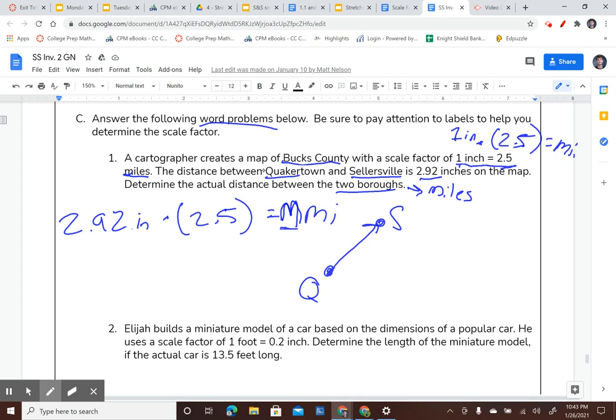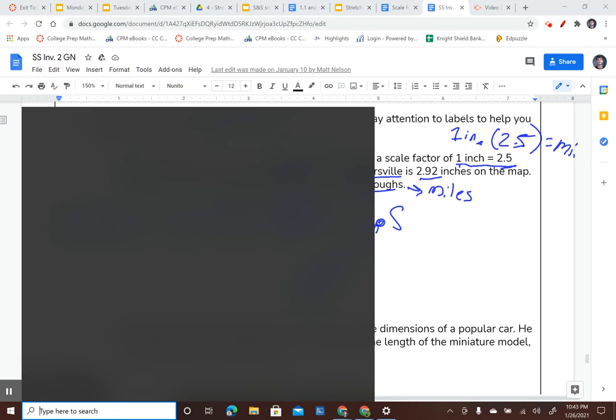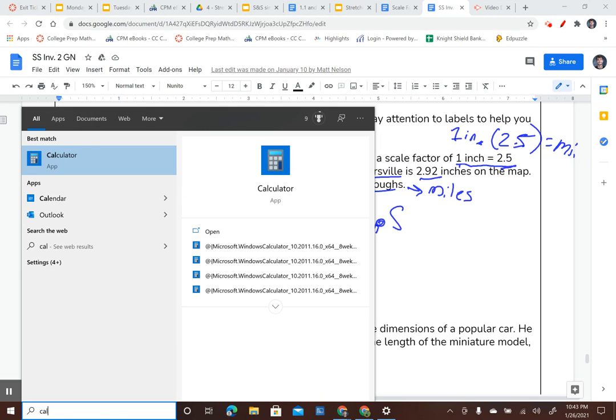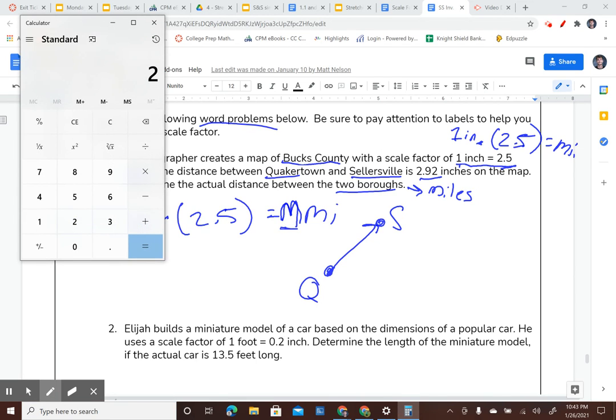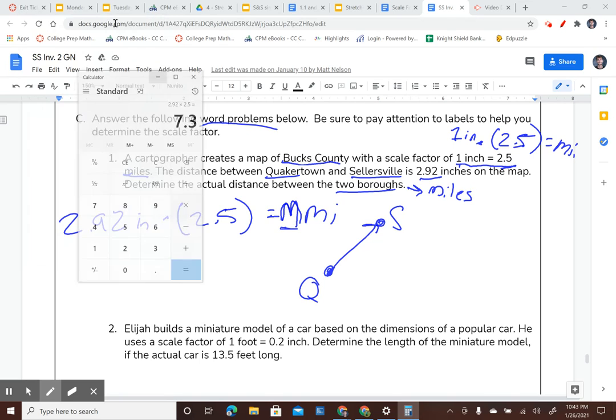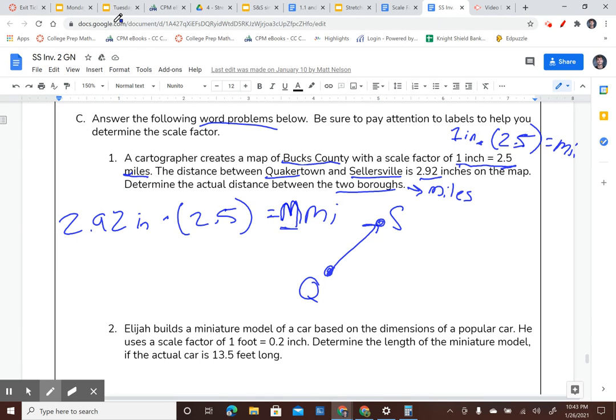So if I grab my calculator here, it would be 2.92 multiplied by 2.5, 7.3. So, it's not working right now. Let's try this again. Oh, there we go.